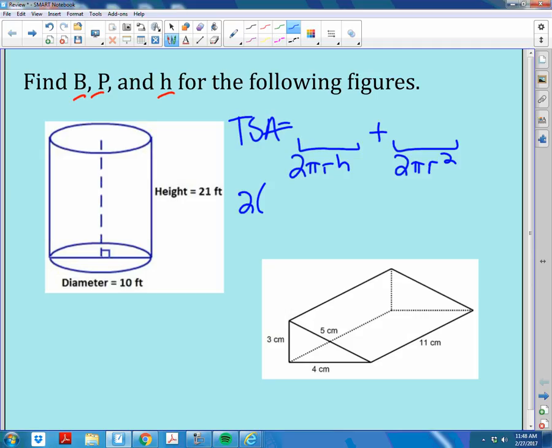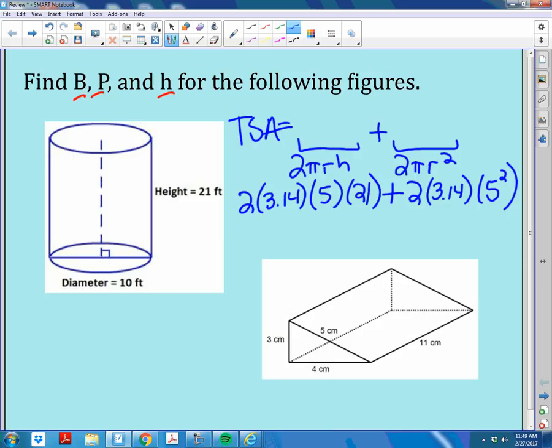I want to see 2 times 3.14 times 5 times 21 plus 2 times 3.14 times 5 squared. I want to see it every time. I want to see the formula, and then I want to see the filled-in formula. And in exchange, what you will then do is pick up the calculator and plug it in and get your answer.